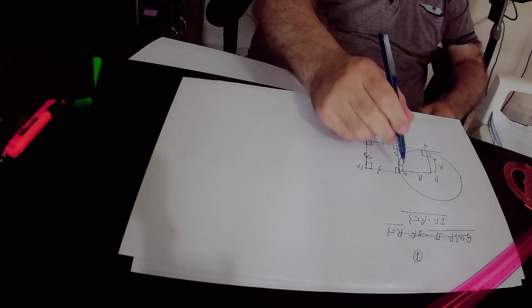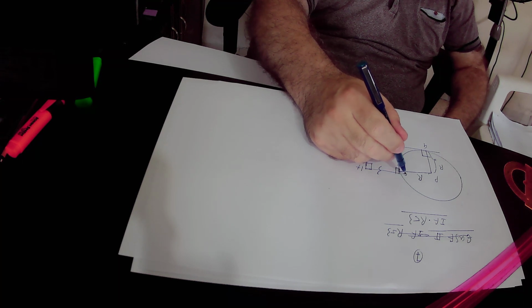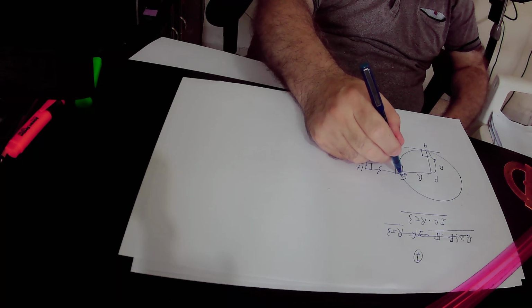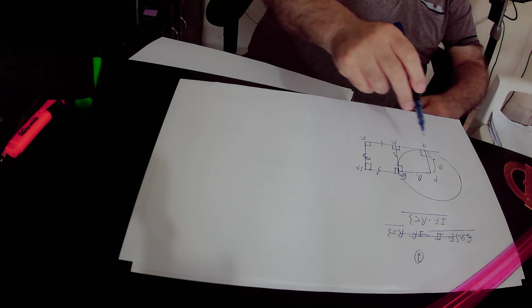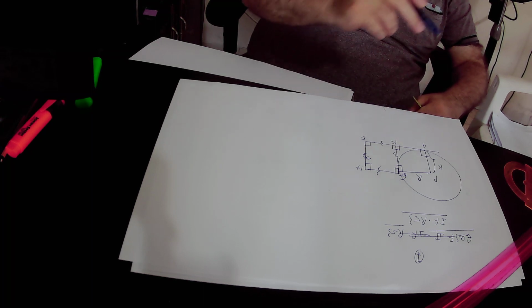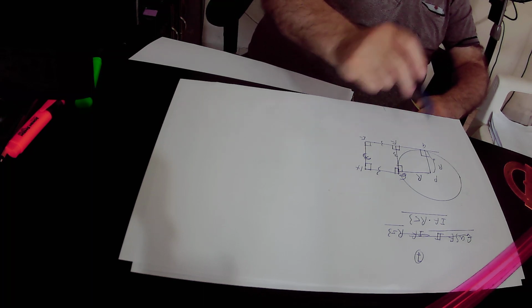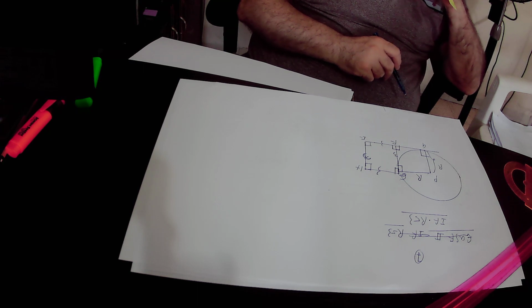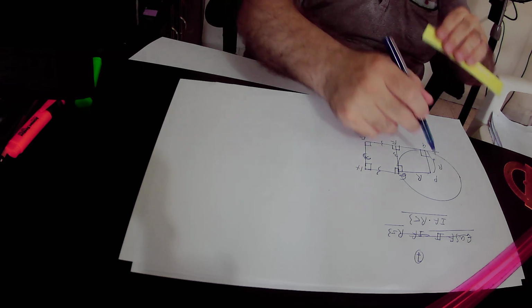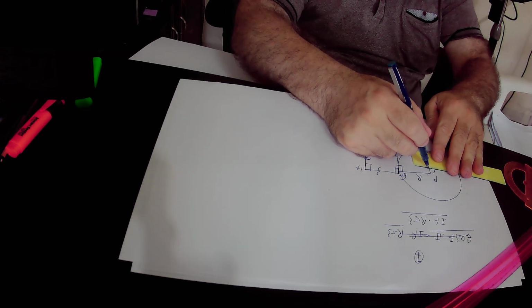So inside quadrilateral PGQF, we have 1, 2, 3 right angles. Therefore, the fourth angle must also be equal to 90 degrees.